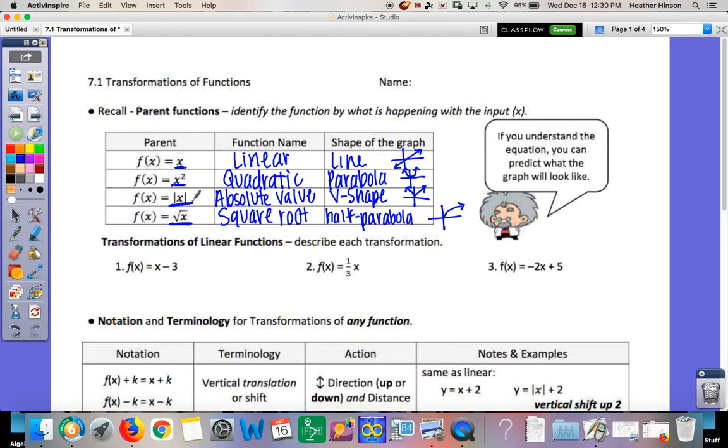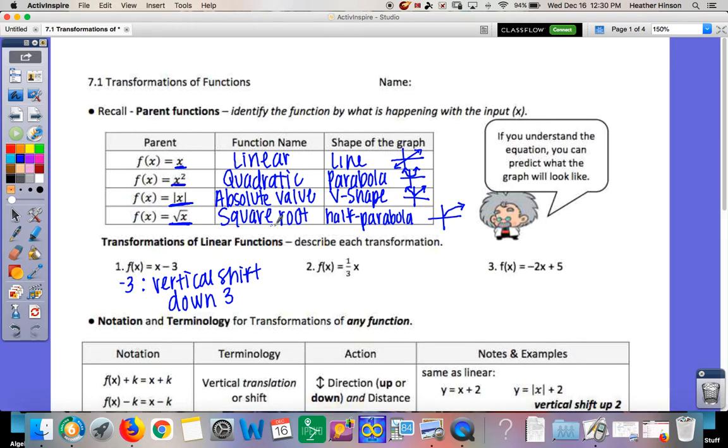So a little recall on transformations that we've done in the past. What is our transformation on this first equation? We have x minus 3. So what is minus 3? Well, that is just going to be a vertical shift, and it's minus, so it's going to be a vertical shift down 3.